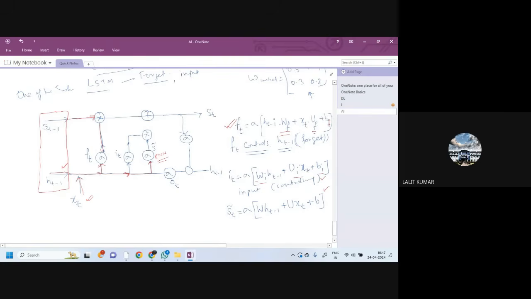So see, these terms we have to remember in LSTM, they will come everywhere: HT minus 1, XT. Now we pass this S tilde and IT, we take the dot product of this.